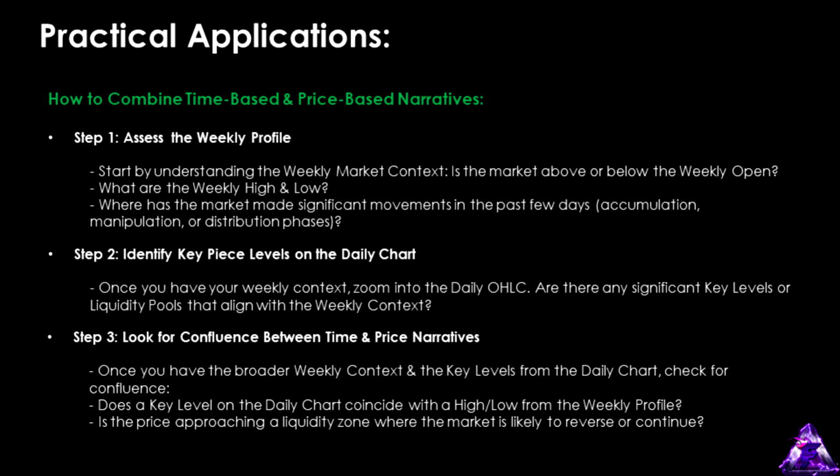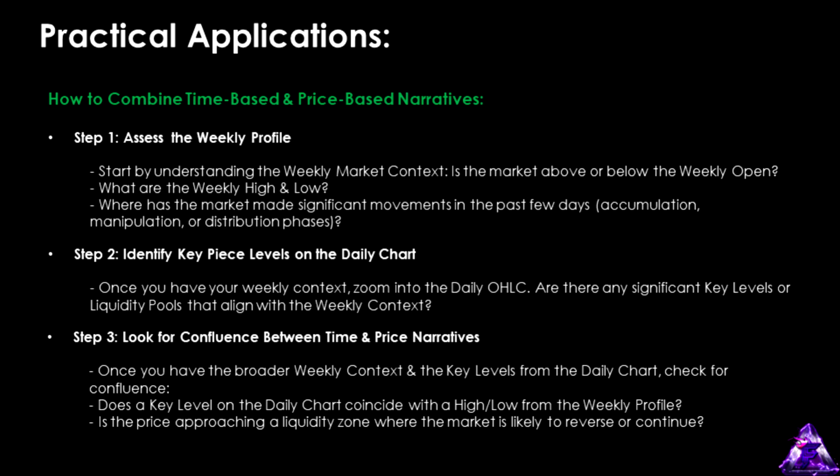If price tests the 4-hour key level while also touching the Asian range standard deviation zone, a confirmation signal such as a change in state of delivery, or a CISD, or the formation of an order block is required before entering. Once confirmed, an entry can be taken with a stop loss placed based on predefined risk management rules. Following this structure allows for trades to be managed with precision.